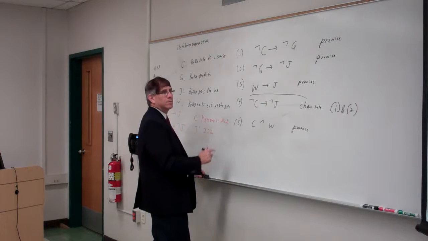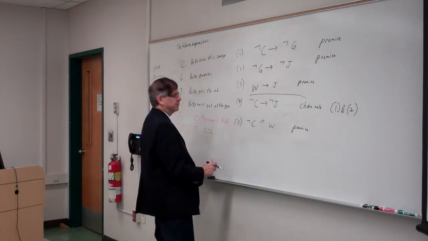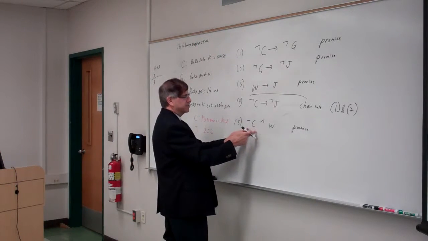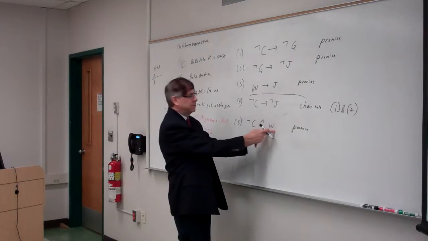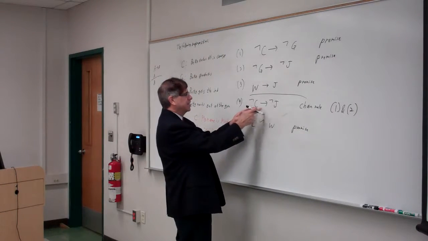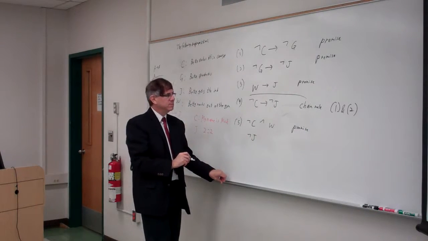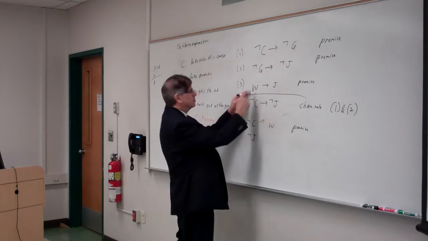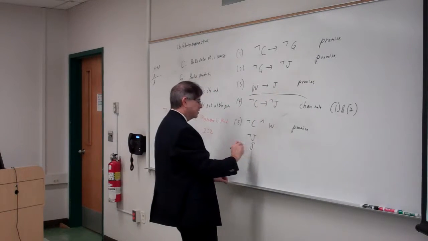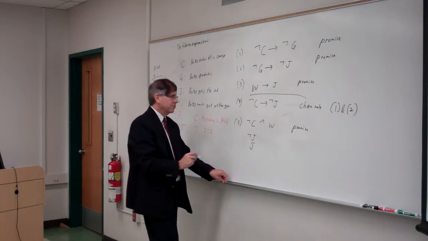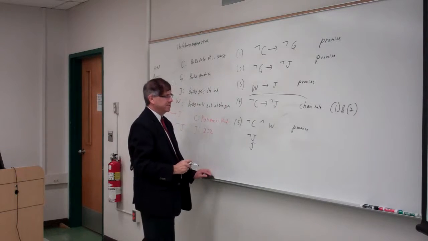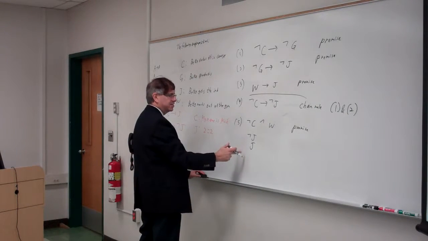So this means this is true and also this is true. Since this is true and that implies not J, that gives us not J. And since this is true and that implies J, that gives us J.